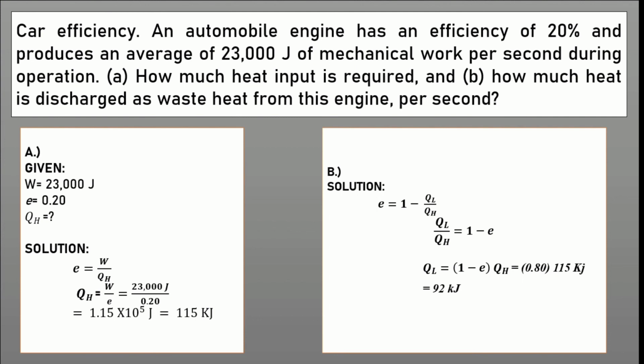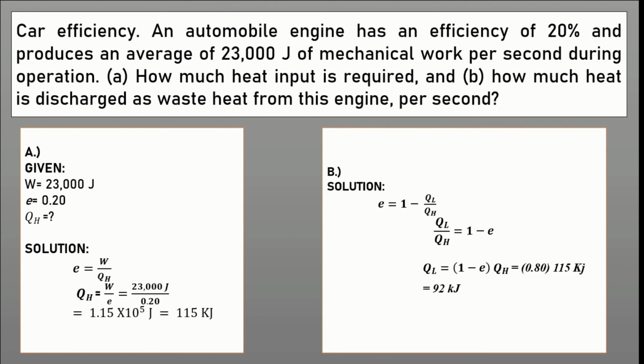In letter A, we have a given of 23,000 joules of work. The efficiency is equal to 20%, or 0.20, and QH is what we are going to find out. Using the formula, just substitute all the givens, and you'll get 1.15 times 10 raised to 5 joule, or 115 kJ.